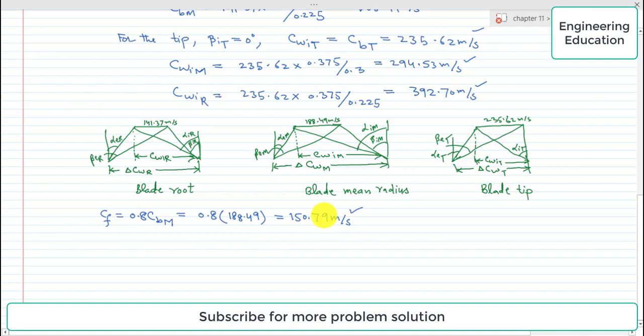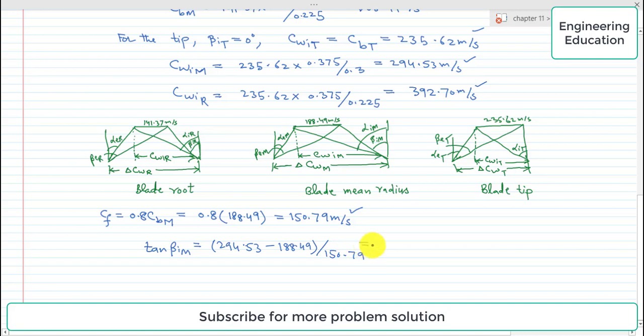Further, from the blade mean radius velocity diagram, we see that tangent beta Im is equal to 294.53 minus 188.49 divided by 150.79.